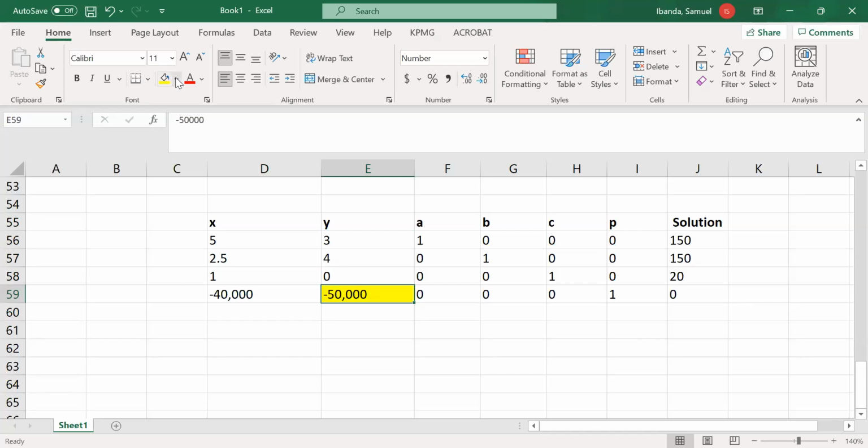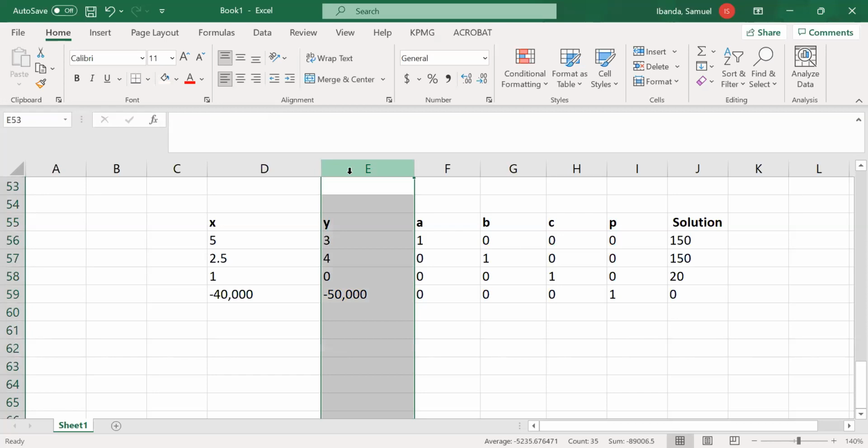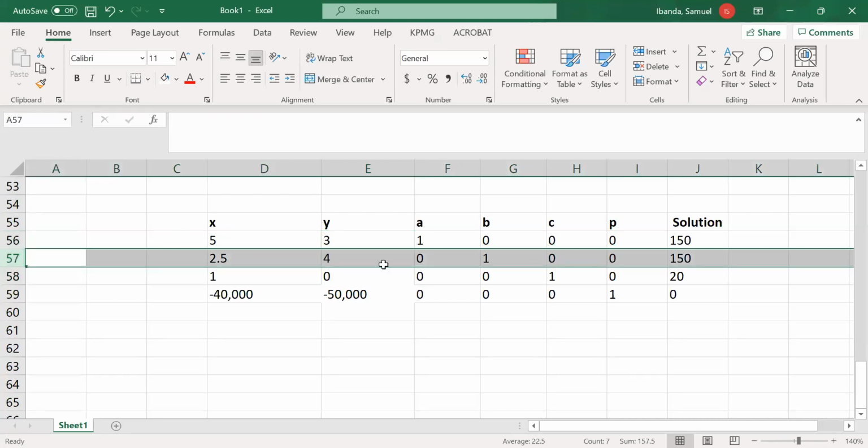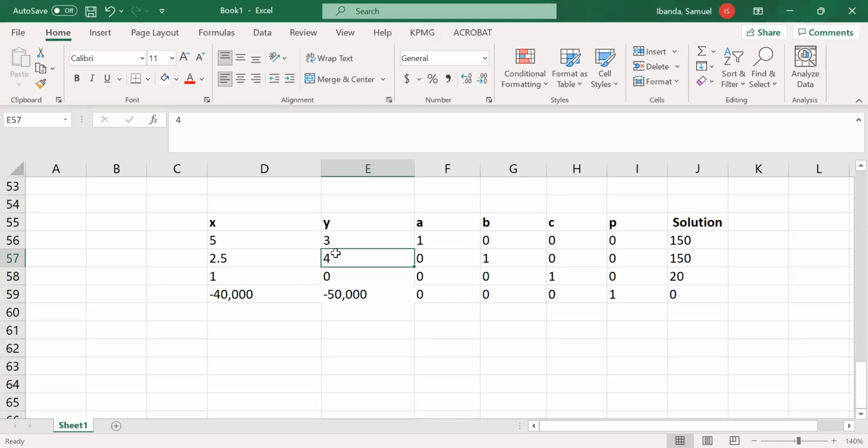If it's the one that has the higher negative, it is going to give you your pivot column. So after getting the pivot column, being 50, because we choose the higher negative, we then go ahead to choose our pivot row, basically the row that we are going to use, because we want to get the pivot point.